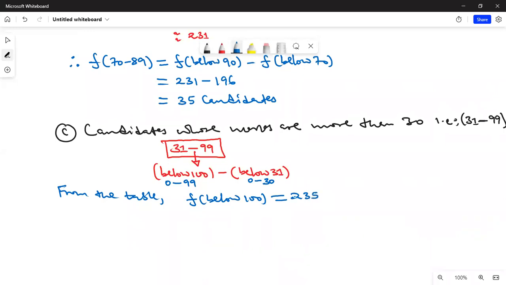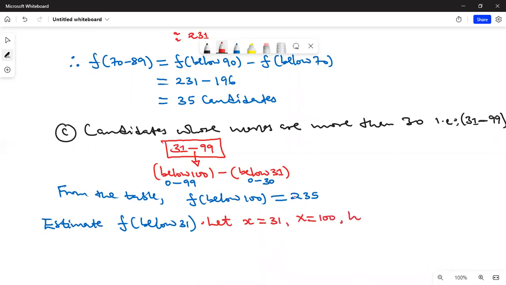So I need f of below 31. So now estimate f of below 31. So what happens here? You let x be equal to 31. Our x naught is still 100 because we are using backward difference. Our h is still 20.